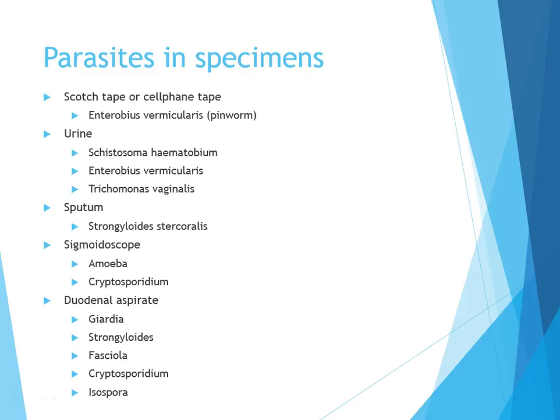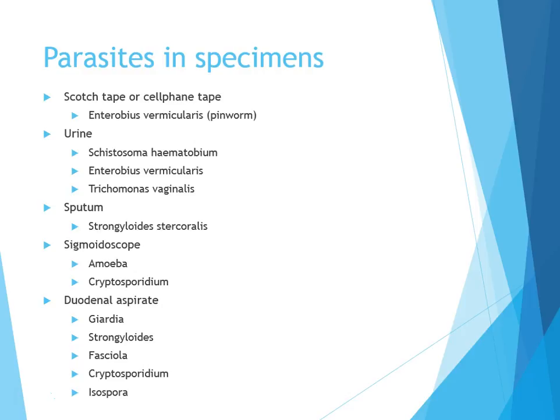This is for the pinworm, the Enterobius vermicularis, and how you do this is usually the parent does it, before the child wakes up first thing in the morning. They stick the Scotch tape to the outside of the child's anus, and then the tape is put on a slide, and we look for pinworm eggs.